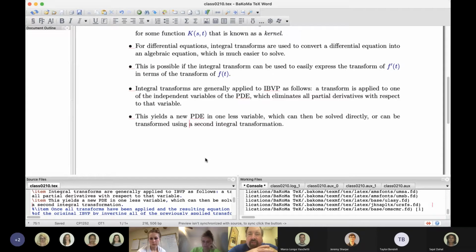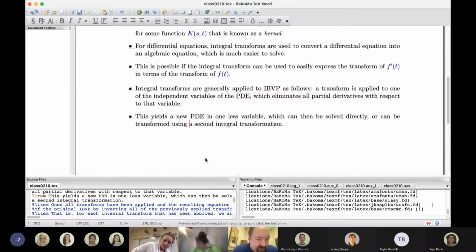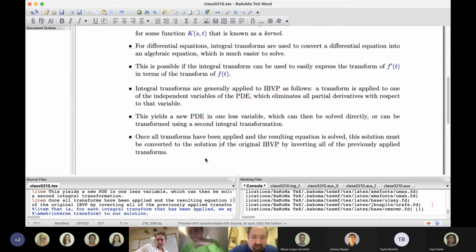If there are no variables left, then what you have is an algebraic equation. What you could do is use different integral transforms in combination. Like I could use a Fourier transform to get rid of derivatives with respect to x. I can also use a Laplace transform to get rid of derivatives with respect to t, if I have no derivatives left, and only an algebraic equation to solve.